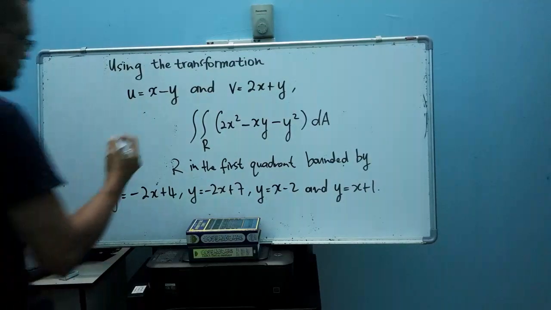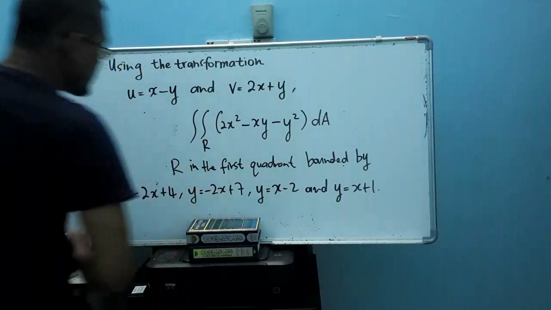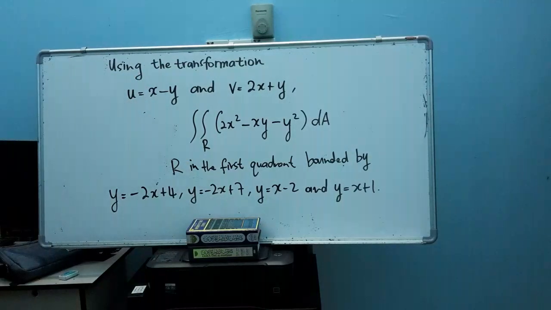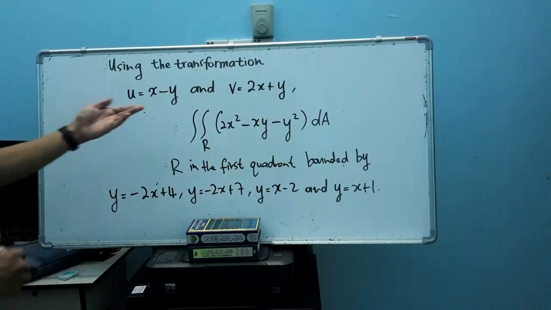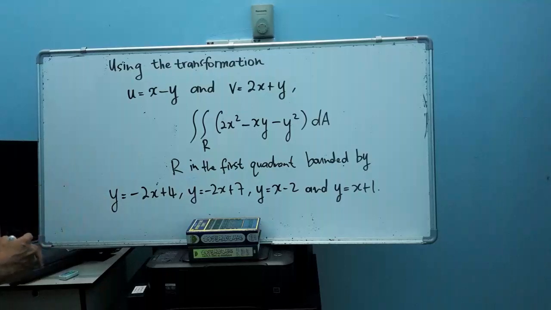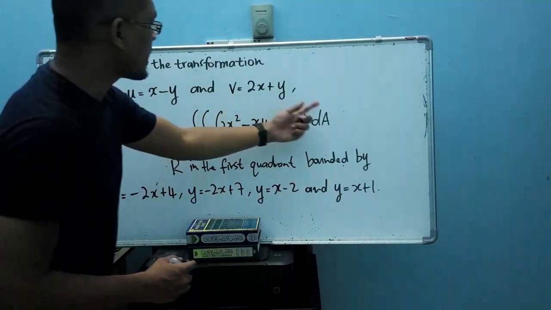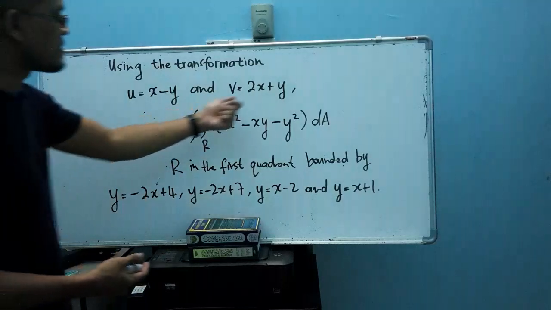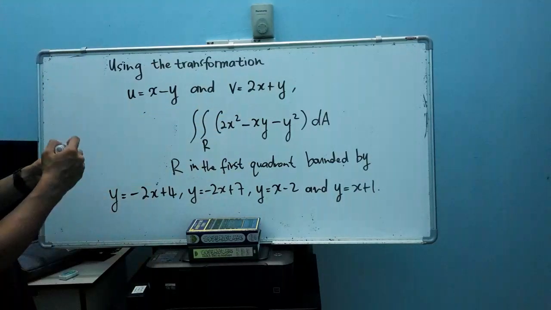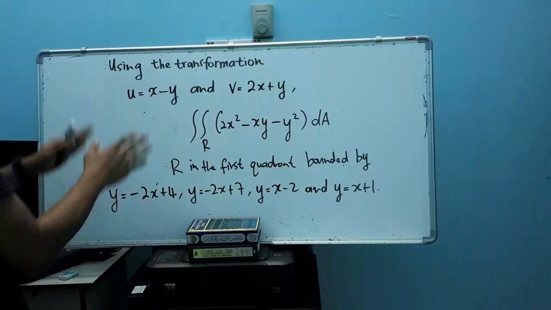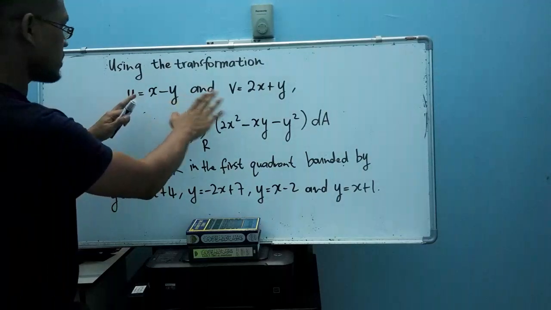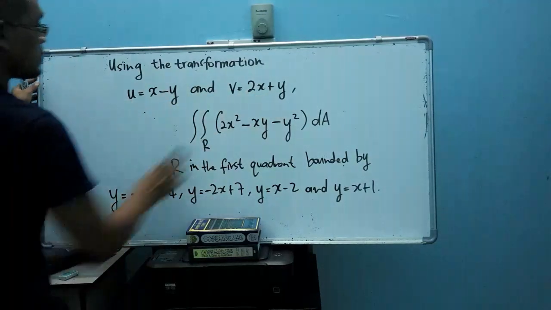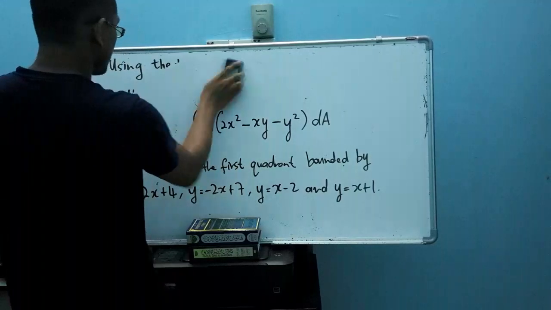So the first thing, always start by writing the formula. When we deal with the substitution here, how do we evaluate this double integral?